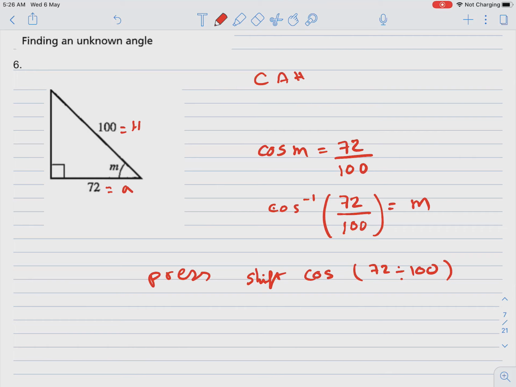Now this will give you 43.9. So angle M is 43.9 degrees.